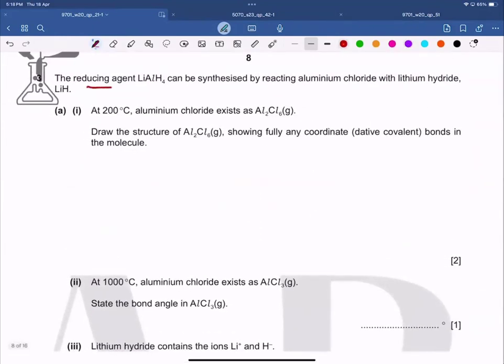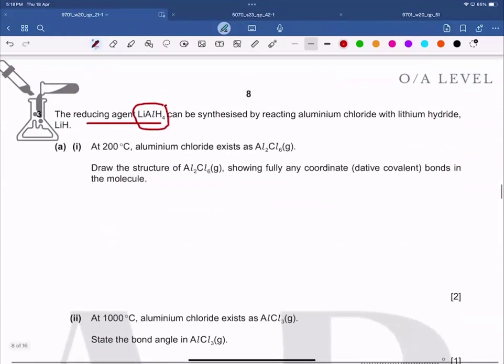The reducing agent LiAlH4. Okay. You guys need to remember one thing about this one that we have discussed in organic as well. It is a strong reducing agent and it can reduce carboxylic acids, nitriles, and carbonyls, which means aldehydes and ketones.